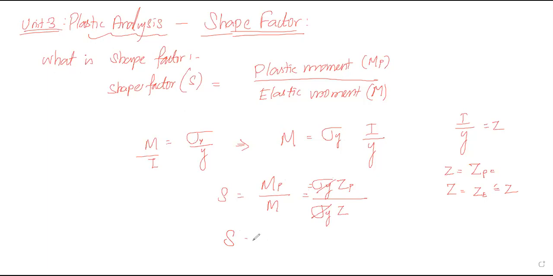So shape factor is defined as S is equal to ZP by Z. Okay. So either we can say shape factor is the ratio between the plastic moment to elastic moment, or else plastic section modulus to the elastic section modulus of the section. Okay. So we can say shape factor in two aspects.